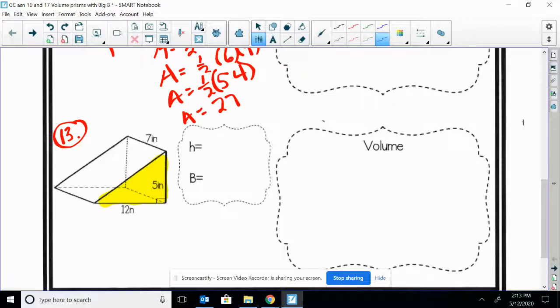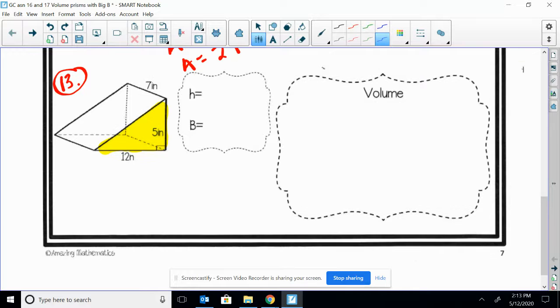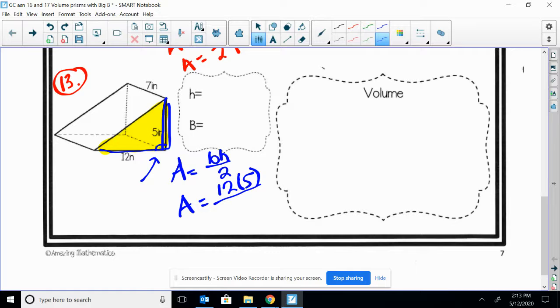All right, we have another triangular prism. Again, we're looking for this little right angle right there. So we know 12 is our base, 5 is our height. You can also write it base times height divided by 2, whichever way you prefer. I kind of like writing it base times height divided by 2 because then when I start multiplying, it's a lot easier for me to simplify because I know 2 goes into 12 6 times.